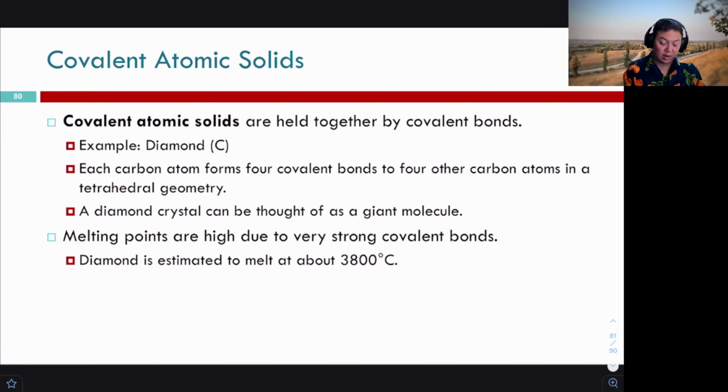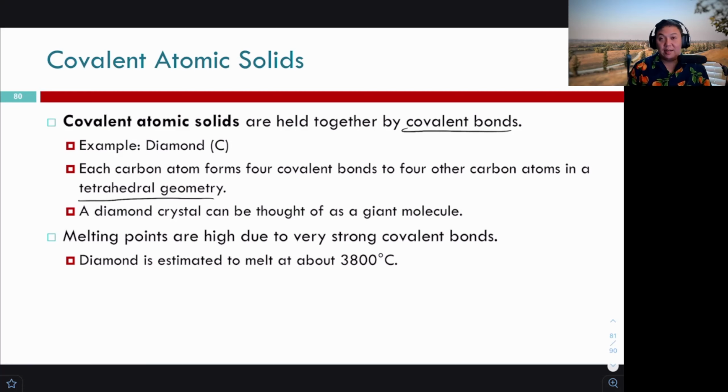So our covalent atomic solids, again, are held together by covalent bonds. Diamond is one example. So each carbon atom in that diamond structure is going to be forming 4 covalent bonds to 4 other carbon atoms, and each of those carbon atoms will have 4 covalent bonds. And they form a tetrahedral geometry.